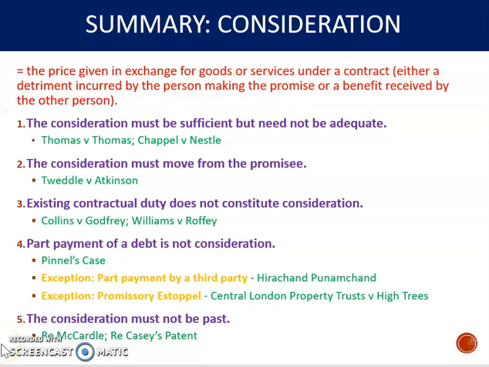So these are the rules of consideration. The consideration must be sufficient but need not be adequate. It must move from the promisee. Existing contractual duty doesn't constitute consideration. Part payment of a debt is not consideration, and the consideration must not be past.